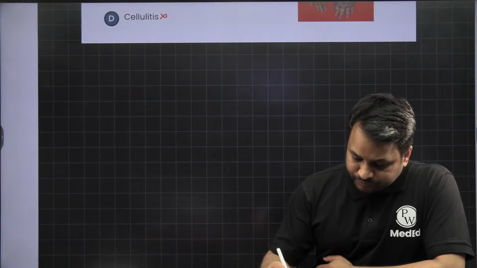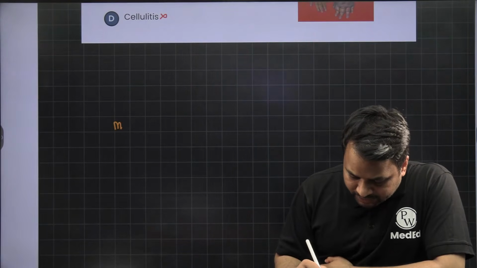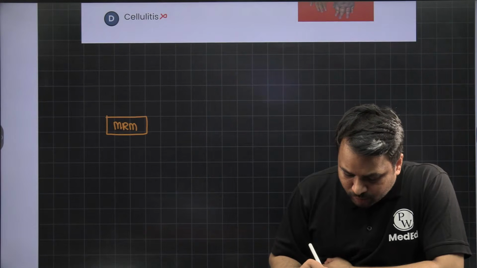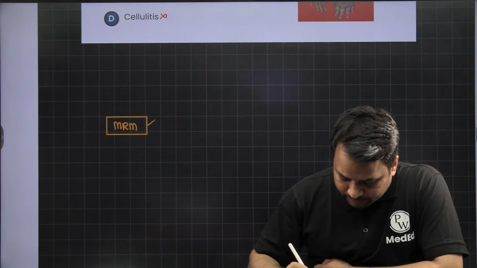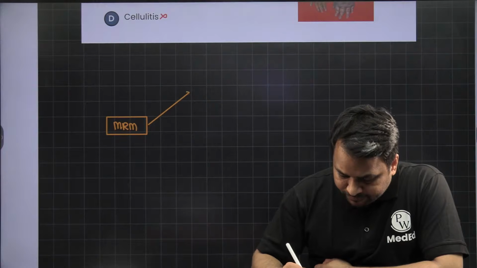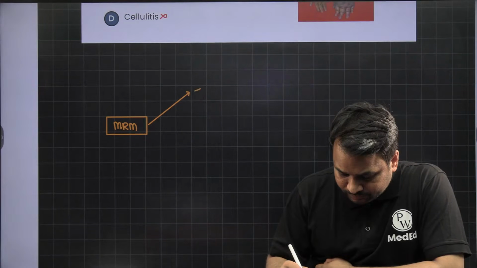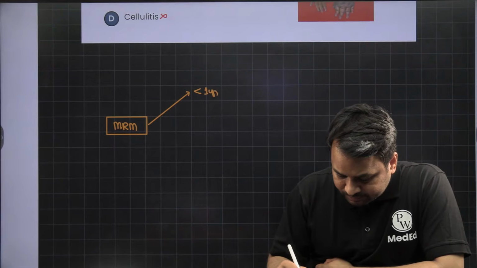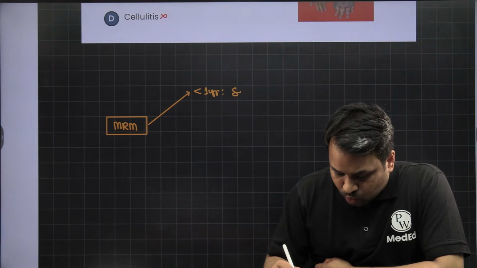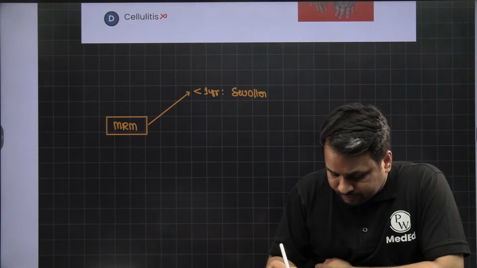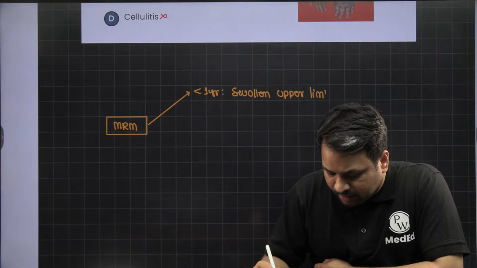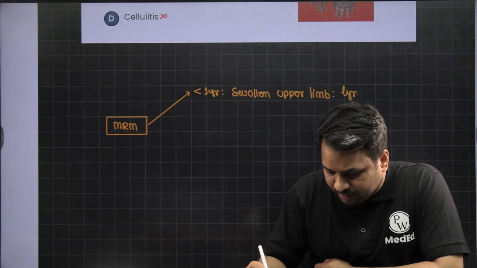Now, the patient underwent modified radical mastectomy. Post modified radical mastectomy, if within 1 year there is a swollen upper limb, it is secondary to lymphedema.